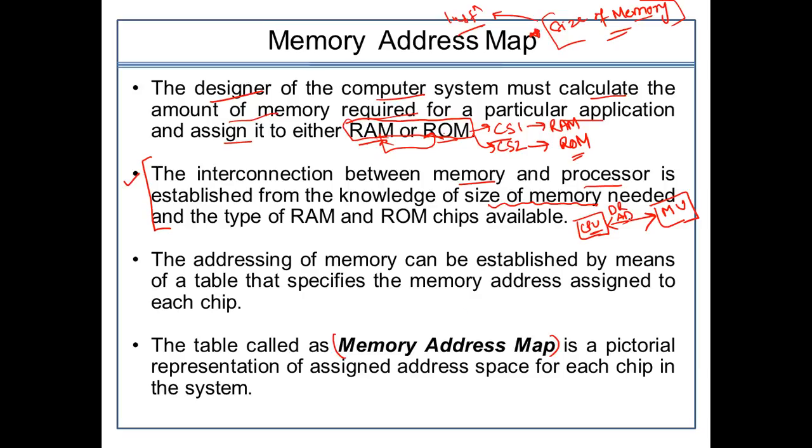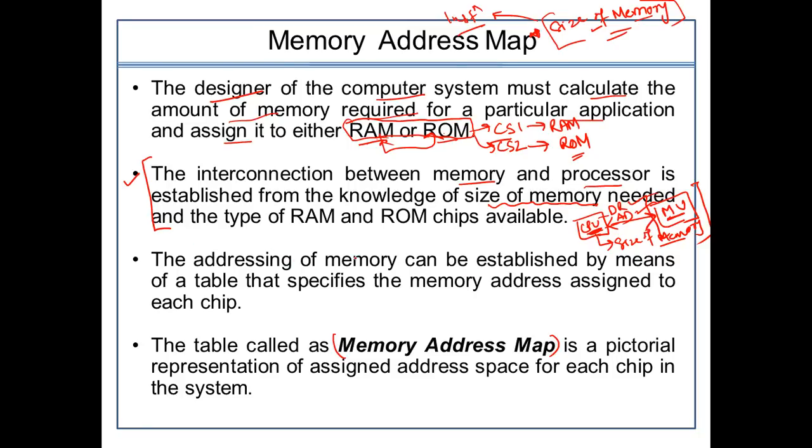Until your processor is aware of the amount of memory available, your system will not be able to process the instruction, the data, or the address which it wants to fetch from the memory. So the size of the memory should be known to the processor as well as to every component attached to it.